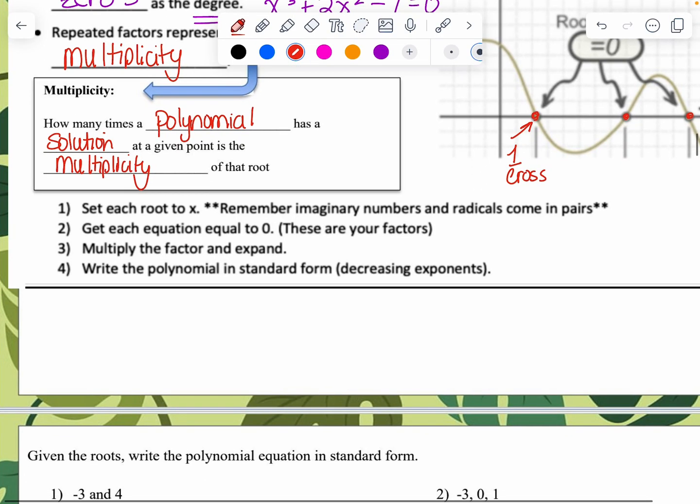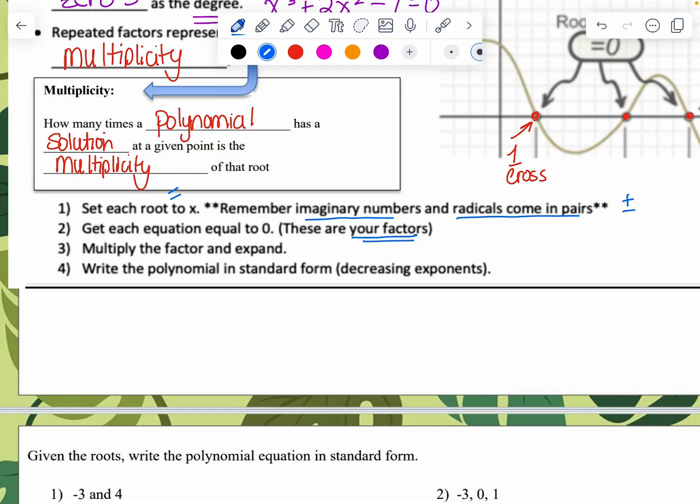All right, the way that we go from a solution to writing that polynomial is this. We set each root equal to x. And then keep in mind that imaginary numbers and radicals always come in these plus or minus pairs. Next thing we're going to do is get each equation equal to 0. We're going to make those factors.